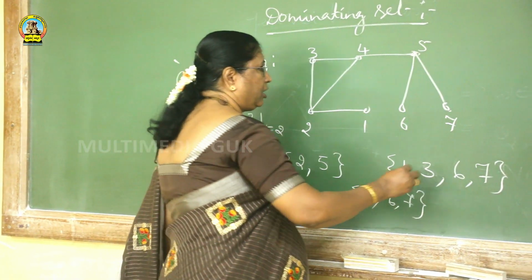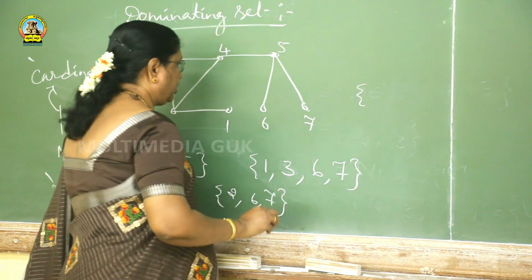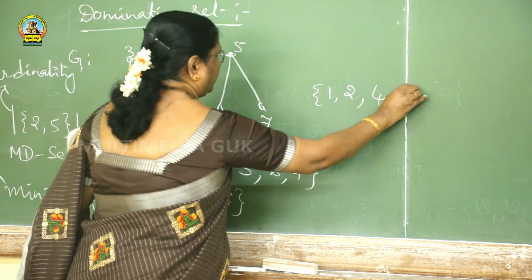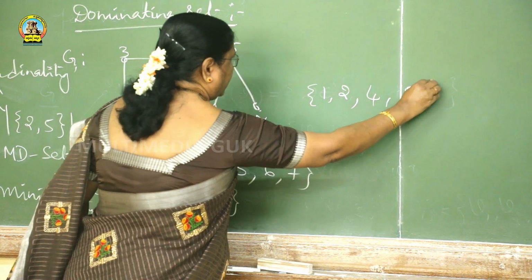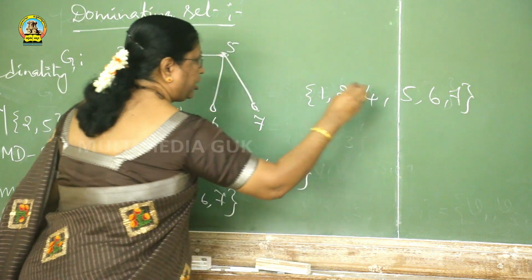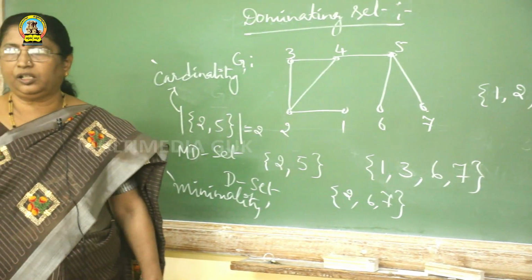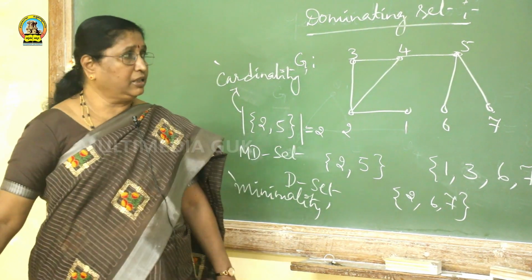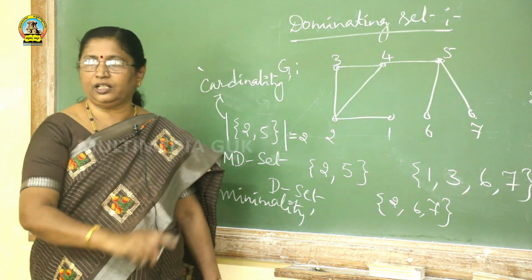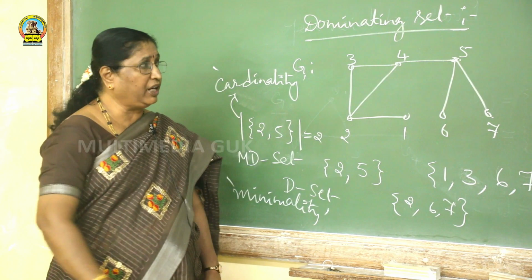Because you can see, on the other hand, the set containing 1, 2, 4, 5, 6, 7. This set is also a dominating set, no doubt at all. But in this, if you remove 6, it is not losing its domination property because 5 is there.